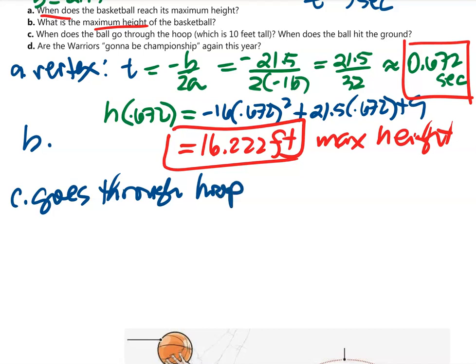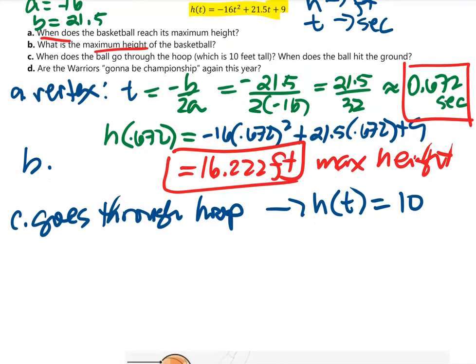That is, h of t is equal to 10. So we have here negative 16t squared plus 21.5t plus 9 is equal to 10. And then we can solve for t.